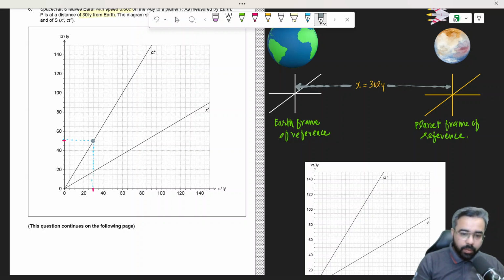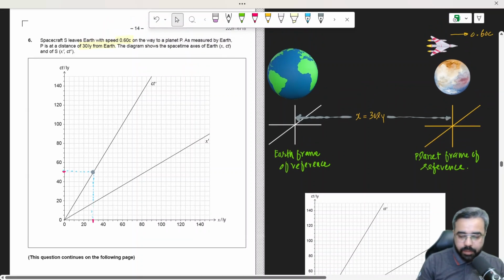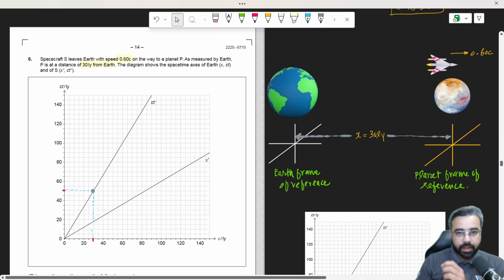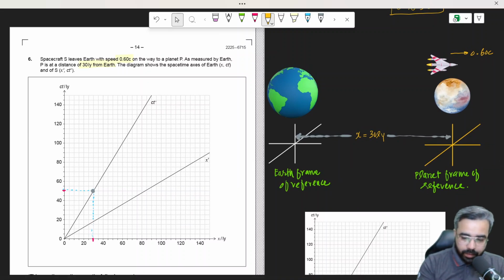What happened at that point? As soon as the spaceship reached the planet, it sent a radio signal back to the Earth. A radio signal is an electromagnetic wave that travels with the speed of light.